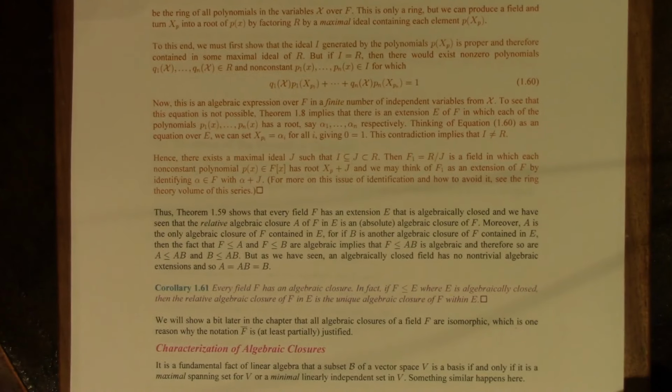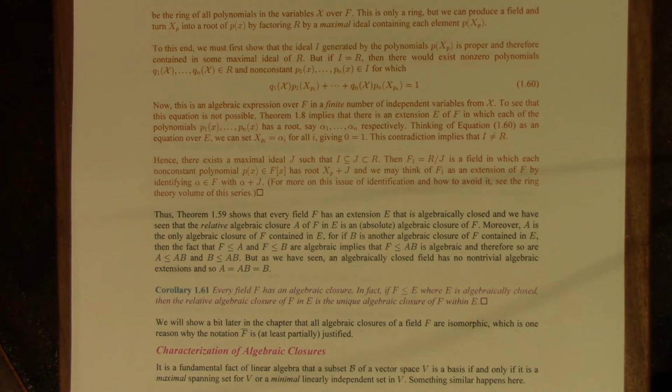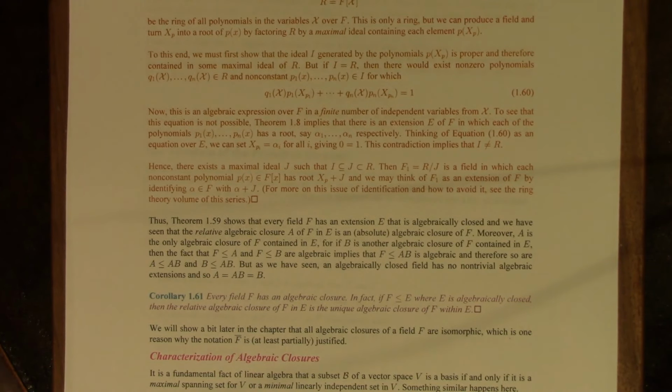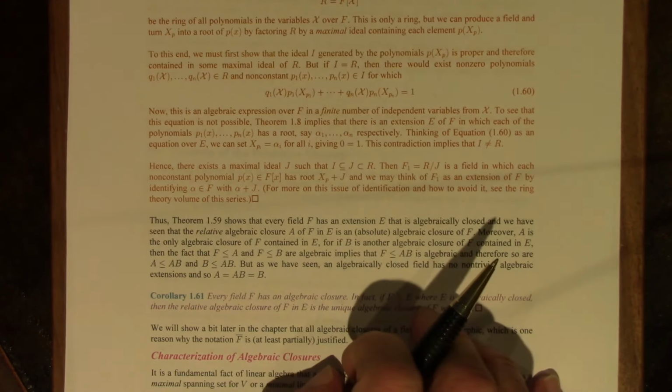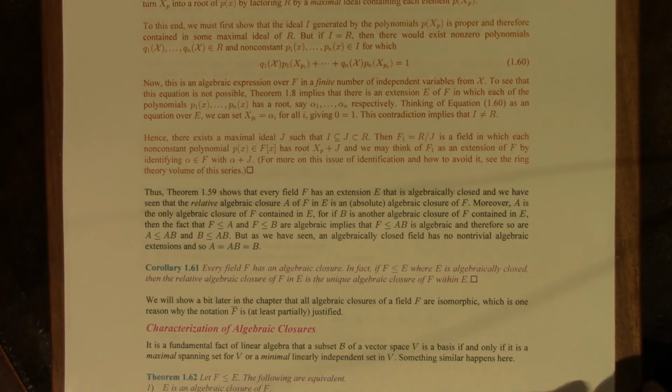When we talked about the characteristic of a field, the prime subfield of a field of characteristic 0 being Q, the rationals, it wasn't literally the rationals, but it was a subfield isomorphic to the rationals, and it is customary to think of the rationals themselves as contained in any field of characteristic 0. So this is a fairly common thing to do.